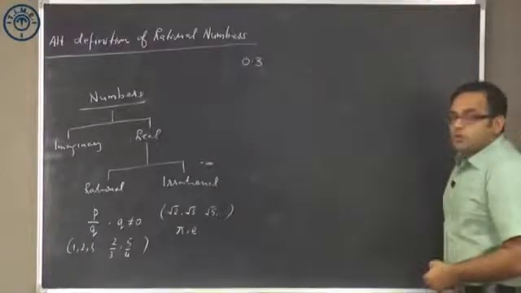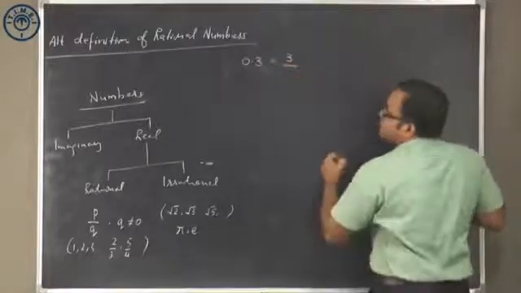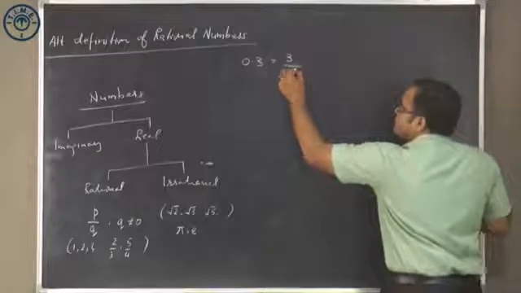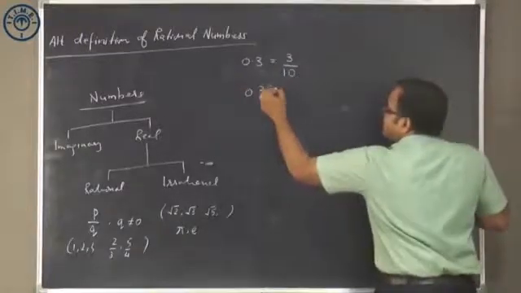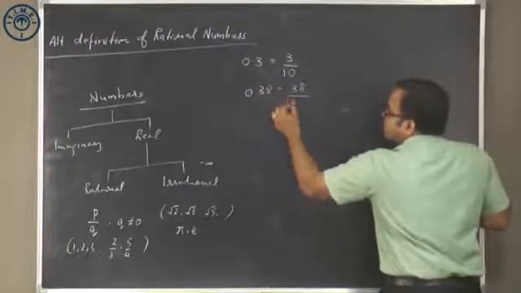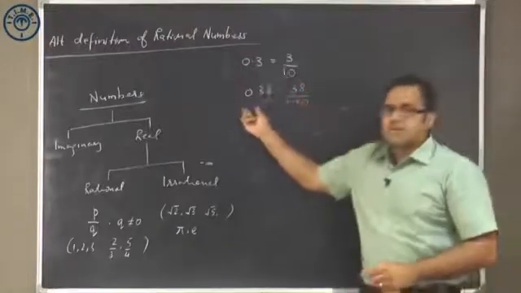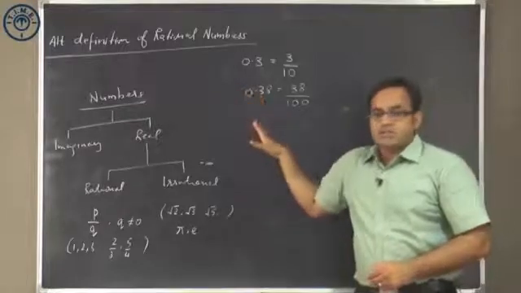In order to convert 0.3 into a fraction, this will very simply be written as 3 upon, after the decimal there is only one digit, so 1 followed by one 0, that is 10. If it was 0.38, that would be equal to 38 divided by 100, as there are two digits, so 2 zeros. So as far as terminating decimals are concerned, it is very easy to convert them into fractions.